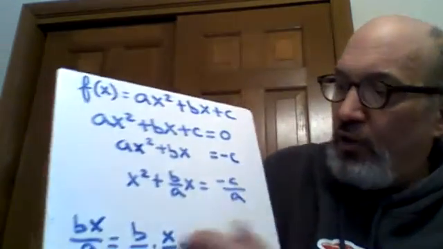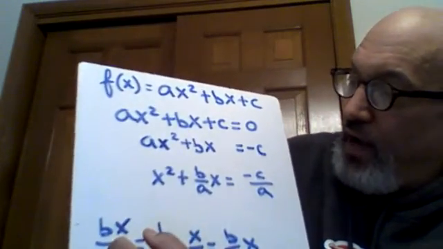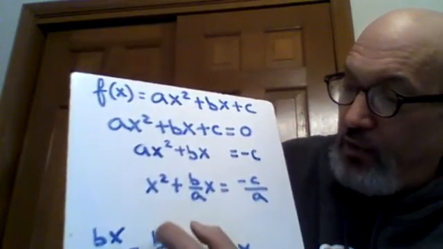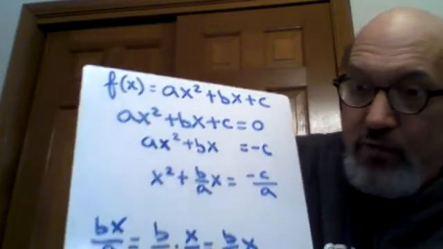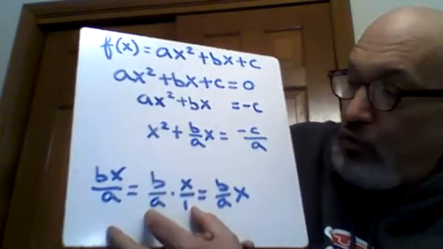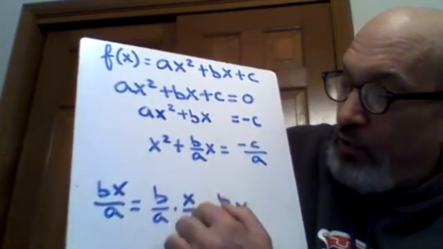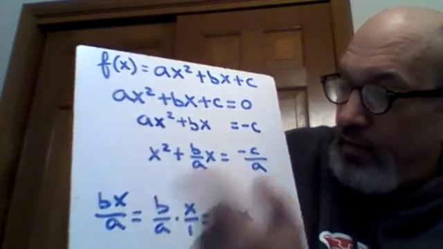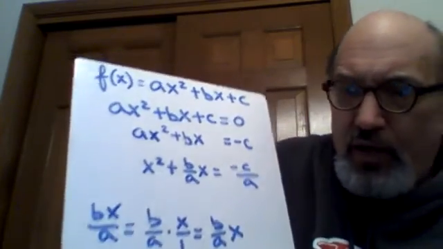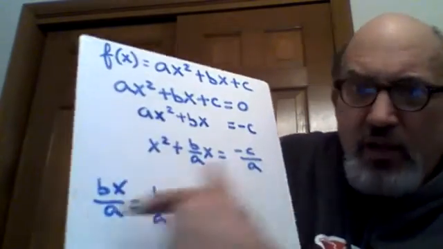But in case people are wondering, there's actually this little progression. You have bx divided by a. You can think of that as b over a times x over 1. If you were to multiply these two fractions together, you'd have bx over a. Well, x over 1 is x, so b over a times x. That sort of thing will become automatic. You're not going to have to think through all of that. I just wanted to make sure.